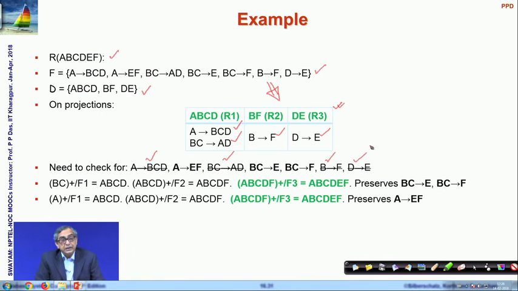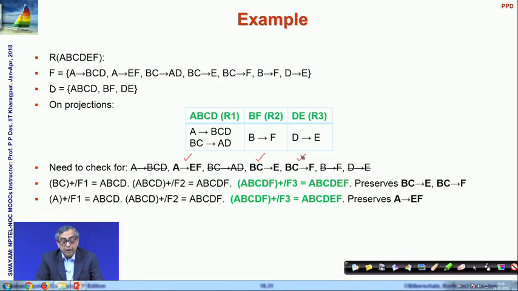These 4 dependencies can be checked directly on the projected relations. That leaves us with 3 dependencies in the original set, which cannot be checked on any one of R 1, R 2 or R 3. For example, if you consider B C determining E, then B exists on R 1 and C also exists on R 1, but E is not there. So, you cannot check that dependency on R 1.